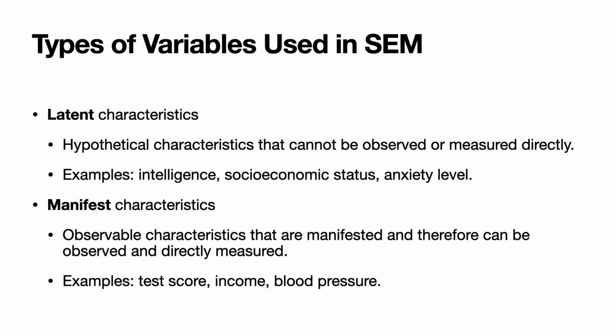Manifest characteristics, on the other hand, are observable characteristics that are manifested and therefore can be directly observed and directly measured. Some examples of manifest variables would be a score on a test, income, and blood pressure, because these are all things that can be directly observed and therefore directly measured.